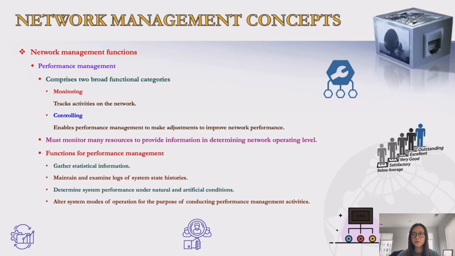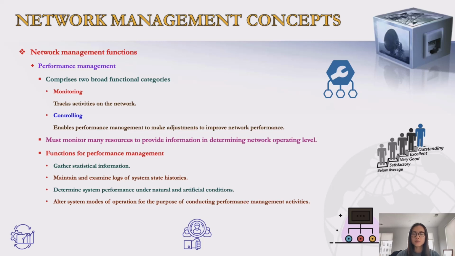There are several performance issues that a network manager is concerned with, such as is there excessive traffic, are there bottlenecks, and is response time increasing? To deal with these concerns, a network manager needs to monitor a set of resources and assess performance levels. Therefore, performance management must monitor many resources to provide information on determining the level of network operation.